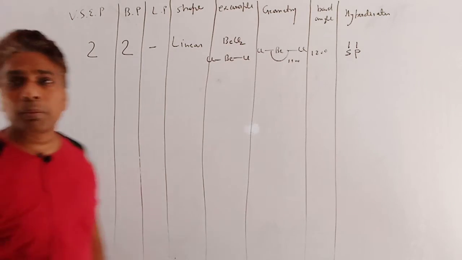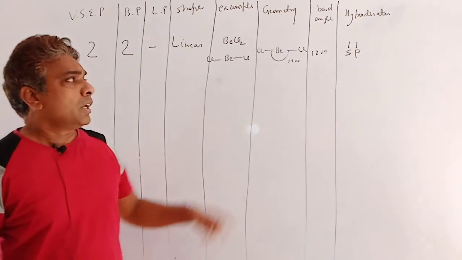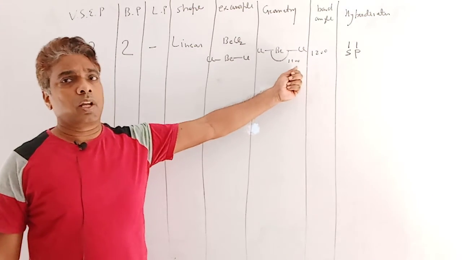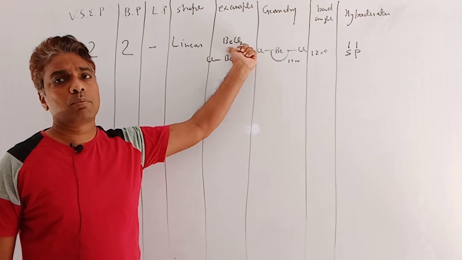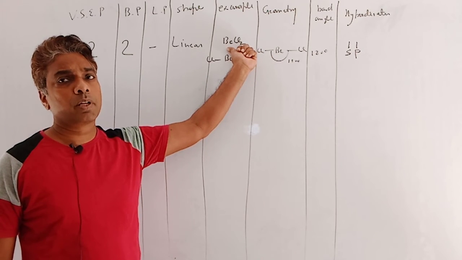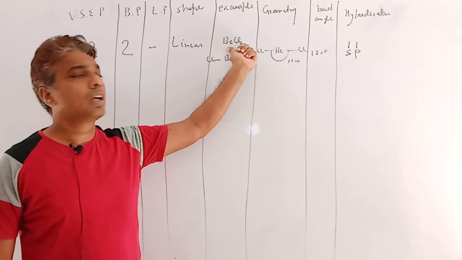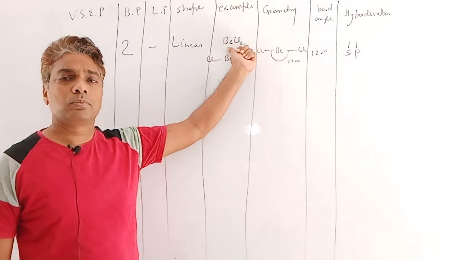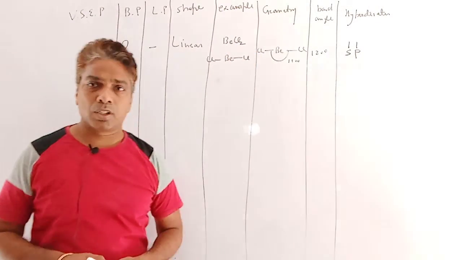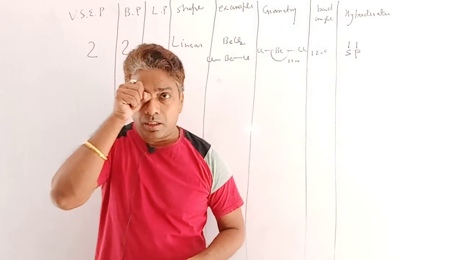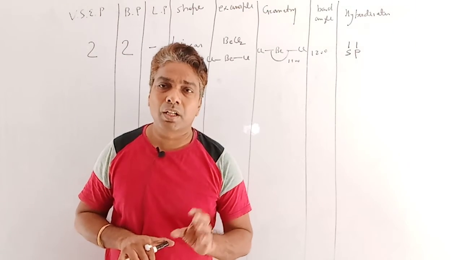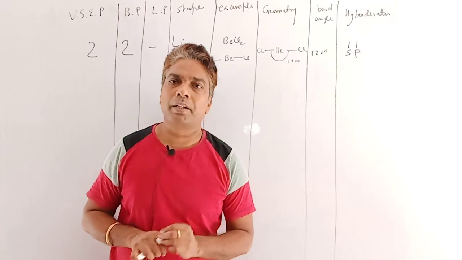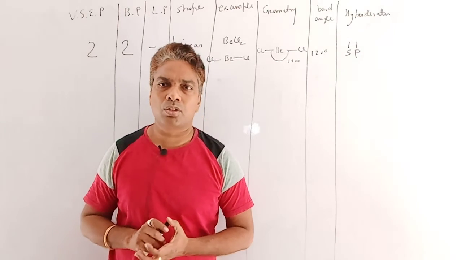What is the meaning of hybridization? sp hybridization indicates that in the formation of BeCl2, one S and one P orbital of the beryllium atom are intermixed with each other. Hybridization simply means that the intermixing of nearly same energy level orbitals is known as hybridization.